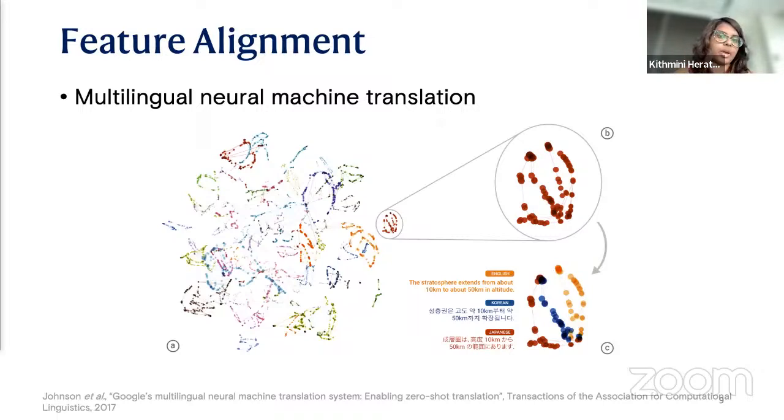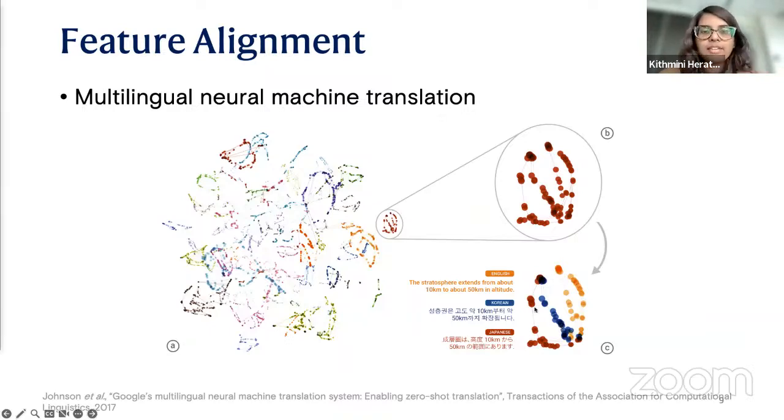When this model is trained in this way, it's learning an embedding space. On the left side, they have projected the embedding space onto a t-SNE map, where each of these clusters means a different sentence. When you zoom in on this sentence cluster, you can see that the translations of this English sentence in the other two languages fall onto the same cluster.